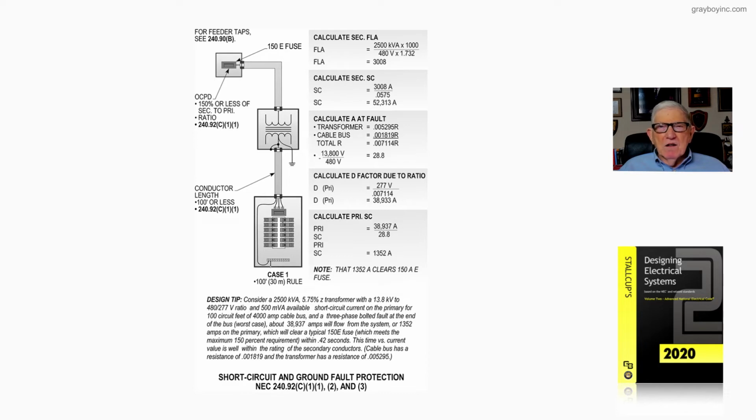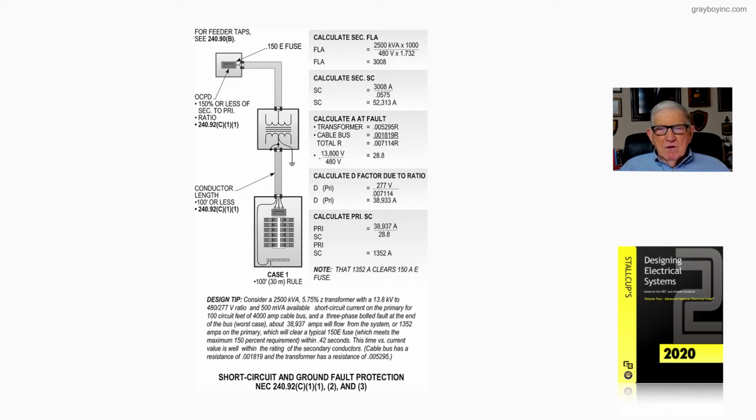And when we add those together, we will come up, as you see starting at the top, calculate secondary FLA, calculate secondary short circuit, and then calculate at fault. Then you look at that total resistance of the transformer and the cable bus, then you see we come up with 0.007114 is our total resistance.